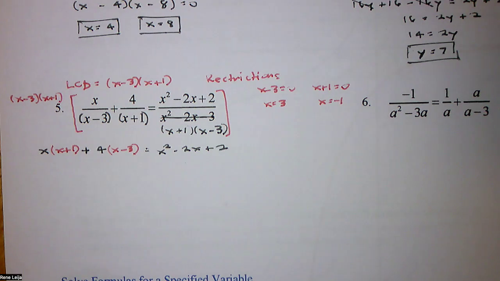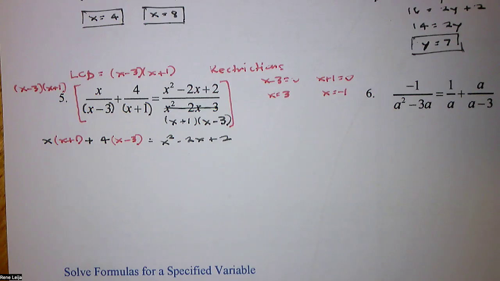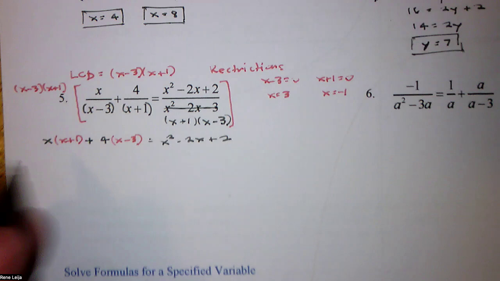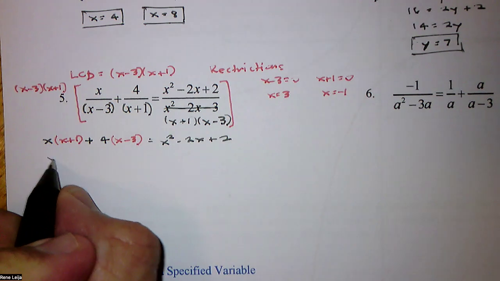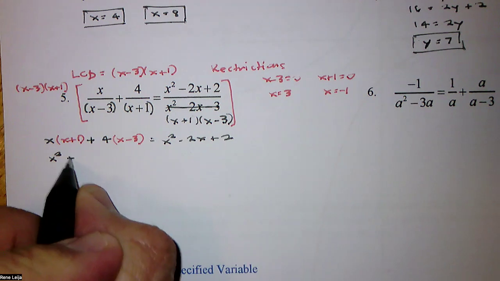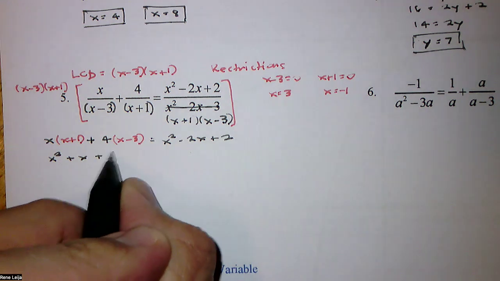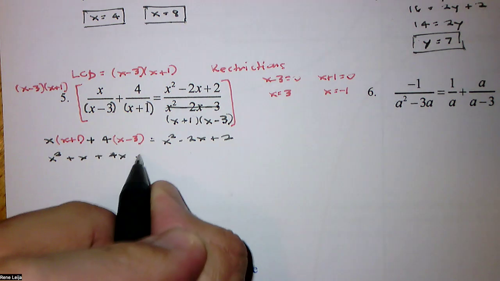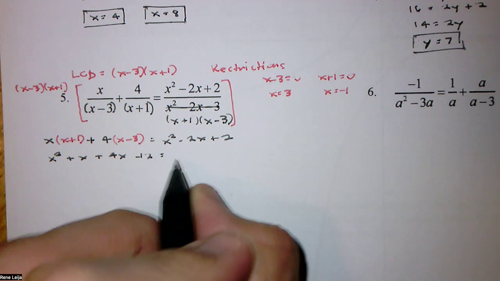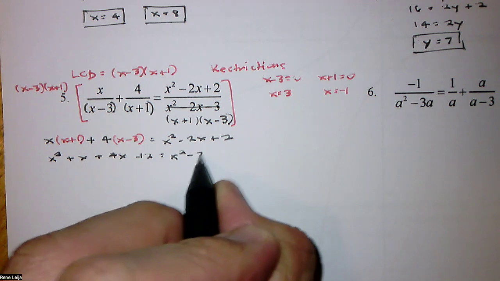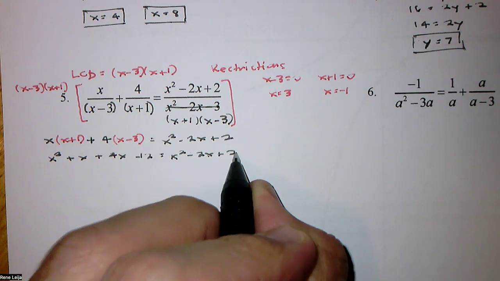Okay, so hold on, because before you start thinking, oh my gosh, I have to factor that. No, you don't. What we need to do is clean up the left side. So we get x squared plus x plus 4x minus 12 equals x squared minus 2x plus 2.